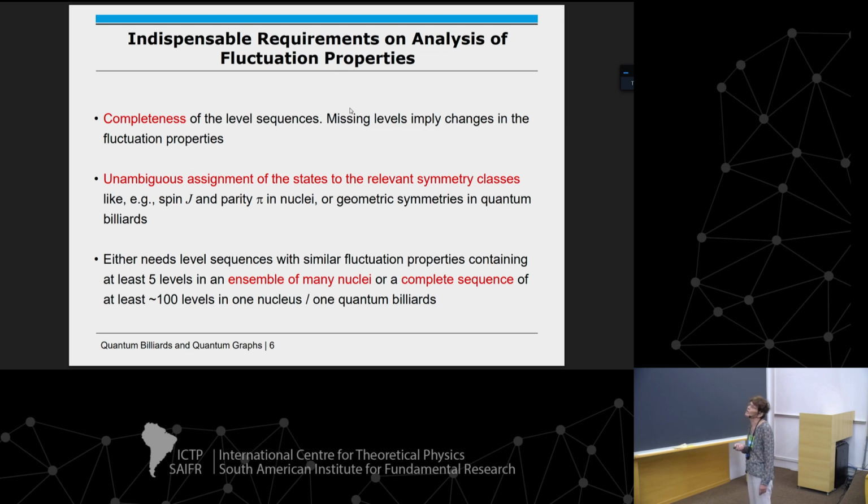I will give an example. So the first thing is you have to make sure that the sequence is complete. The second is that you took into account all symmetries. And if you want, you can also just leave it as it is, but then you have to compare to the correct random matrix ensembles.